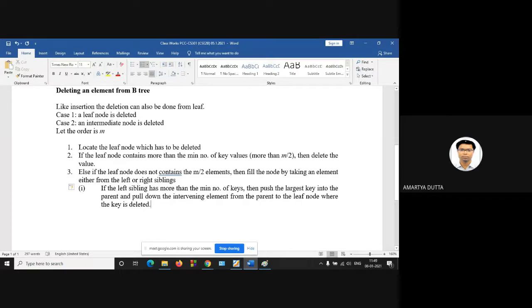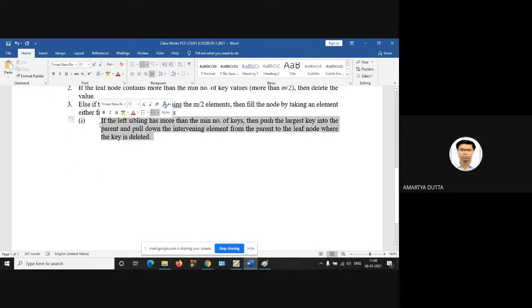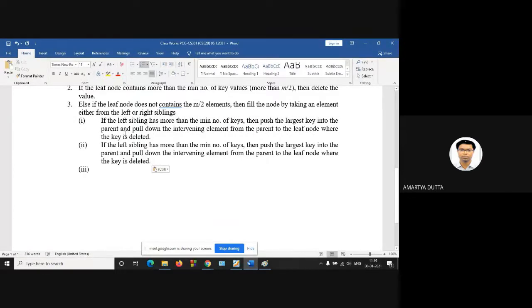Okay. Similarly, if the right sibling has more than the minimum number of key values, then push the smallest key into the parent and pull down the intervening element from the parent to the leaf node where the key is deleted.